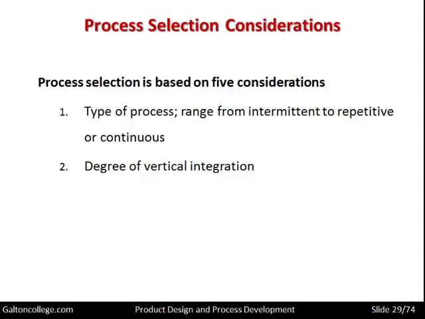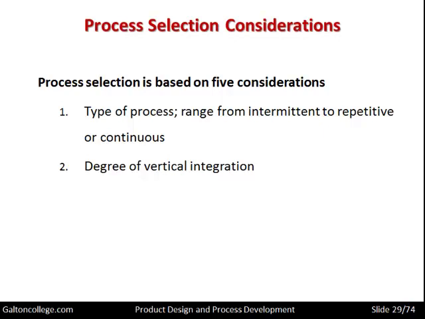And what's the relationship between production and distribution and the retail outlets who perhaps sell the product? So the process selection will depend on the degree of vertical integration, how close the company can work with its suppliers to secure supplies of raw materials and components as and when required, or does it have to buy and hold the items in stock?